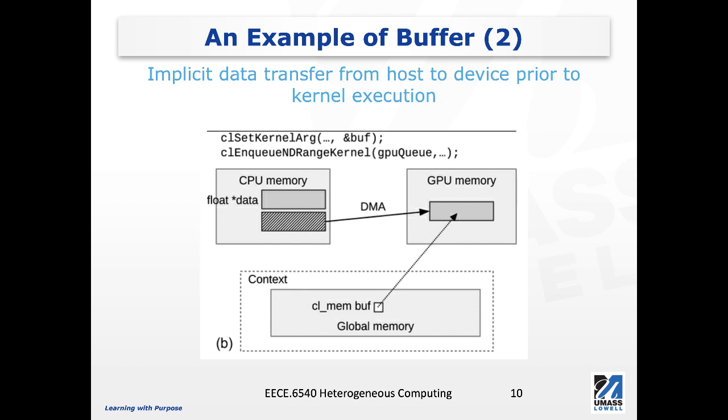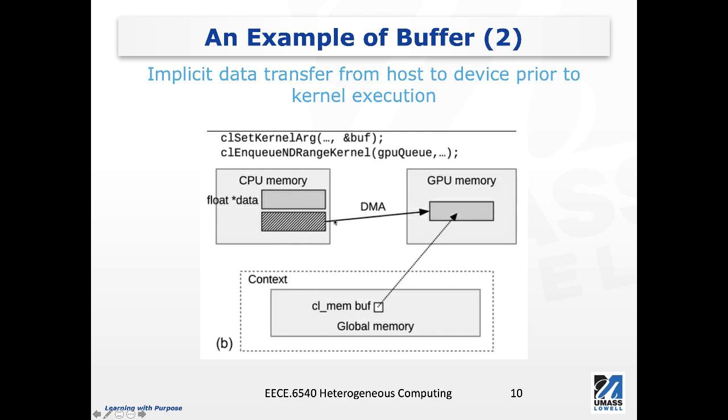So by the time the OpenCL kernel attempts to use this memory object, we will first set the kernel argument, then we use clEnqueueNDRangeKernel to instantiate the kernel, which will subsequently access the data.